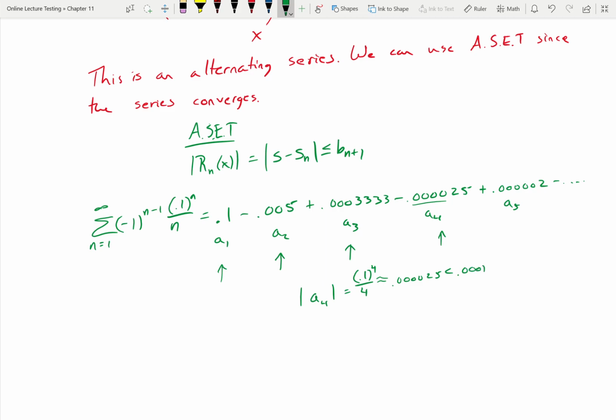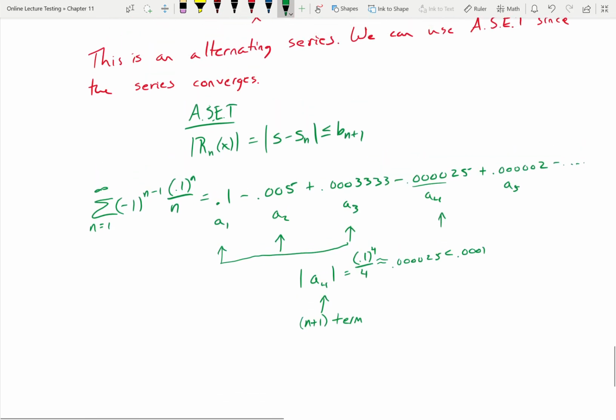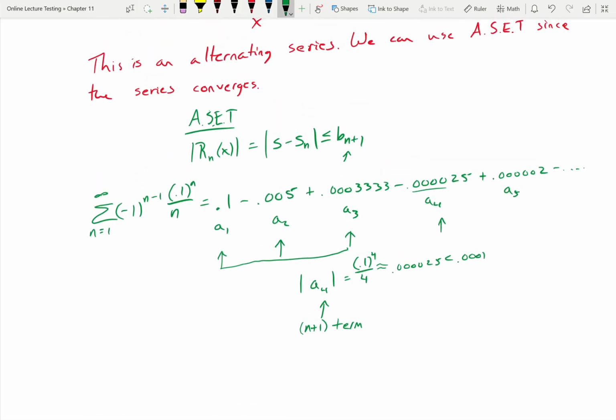Now again, this is our nth plus 1 term, which means we just need the first 3 terms to get there. Because we're saying the nth plus 1 term, that's our error that we're wanting.